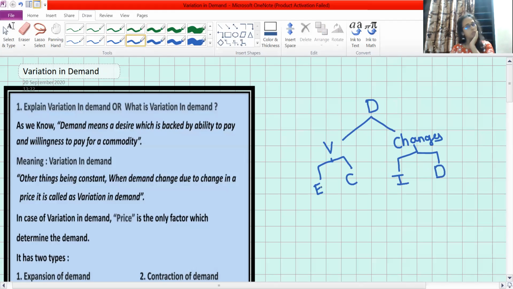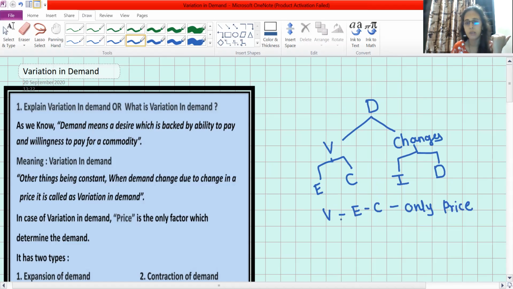So just to remember, if they ask you variation, the different types are expansion and contraction. You have to remember that. So VEC, only because of price. I will explain it. Initially you will not understand these concepts, but I am giving you the code word, the keyword, to remember this. Then I will explain the concept.